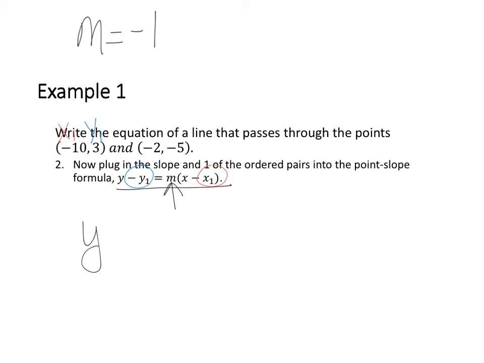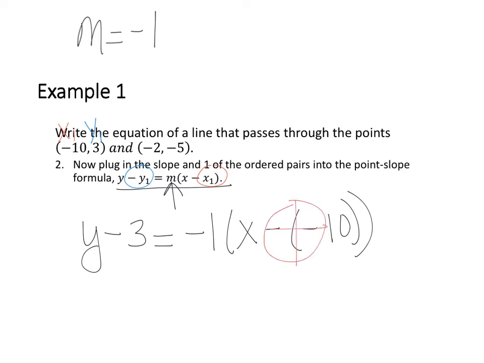So I go with y minus my y1, which is 3, equal to my slope, negative 1, and then I keep my x, and I'm going to subtract from that my x1, which is negative 10. And remember, negative and negative makes it a positive. So my equation in point-slope form is y minus 3 equals negative 1 times (x plus 10).